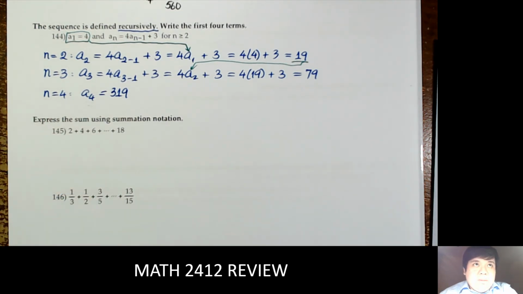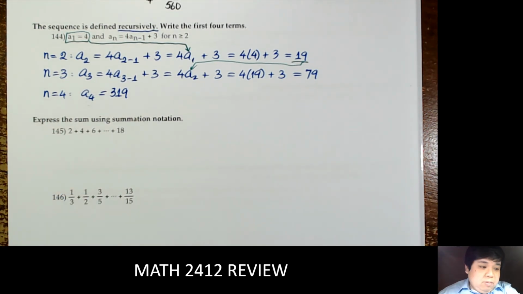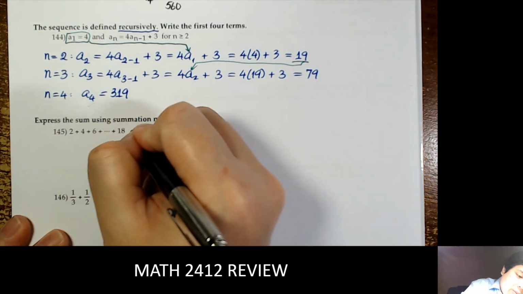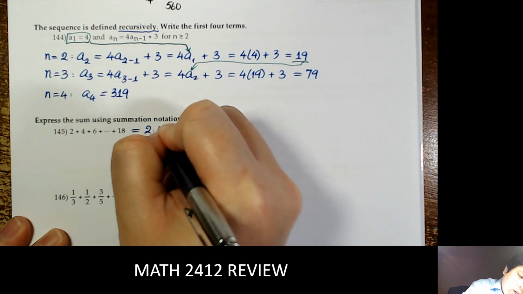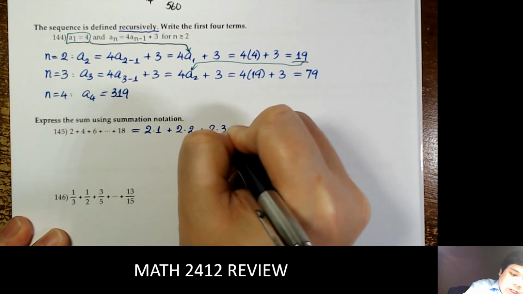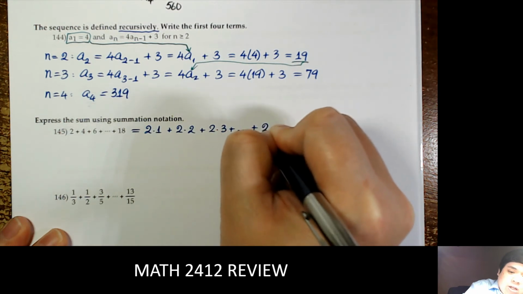Right, summation. I'll do these two together. 2, 4, 6, and we assume that's the even numbers. So the even numbers, we can write as 2 times 1 plus 2 times 2 plus 2 times 3 and so on to 2 times 9.